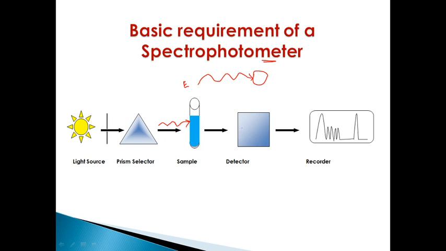Those changes are detected by the instrument called the detector, and the detector gives signals to the recorder in the form of bands. By seeing the absorption bands or signals, we can find out the structure of an organic compound. So this is the basic idea of a spectrophotometer.